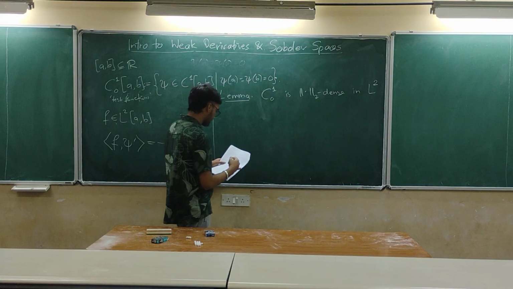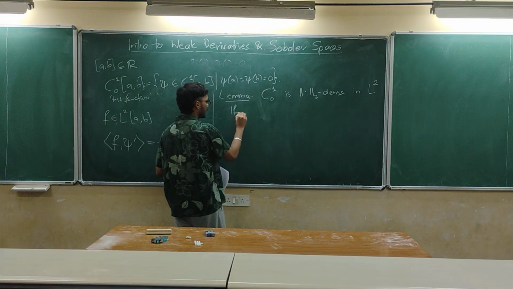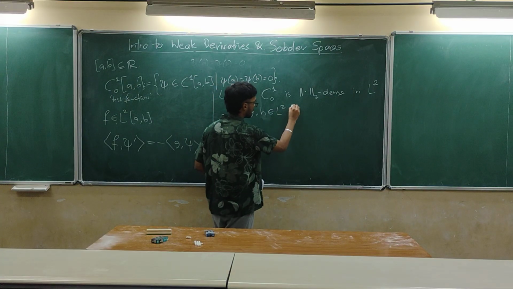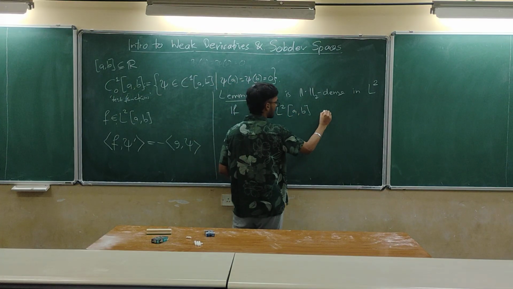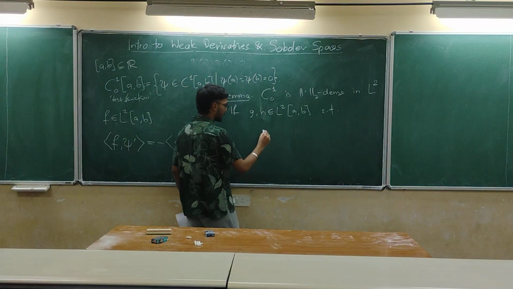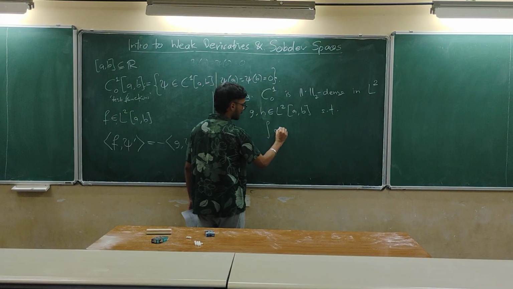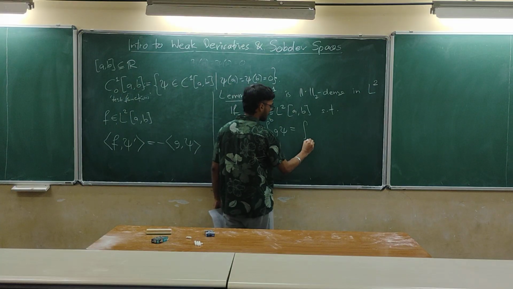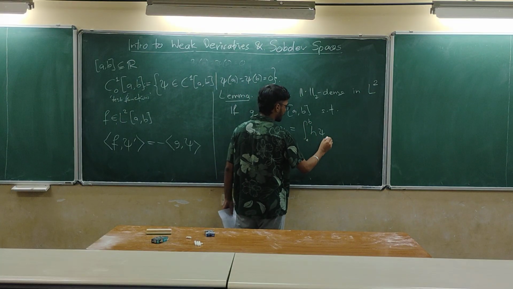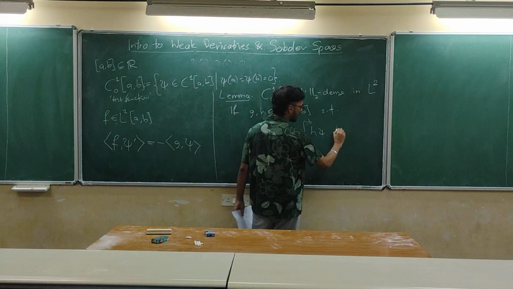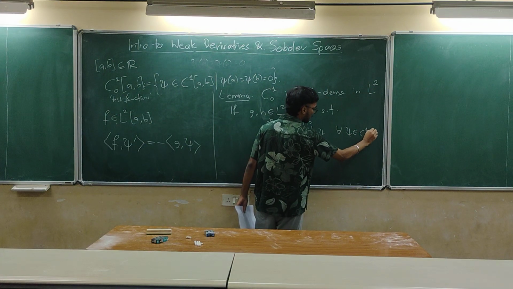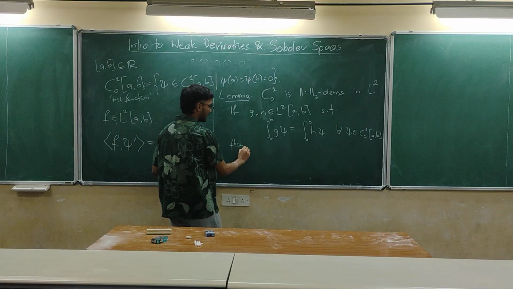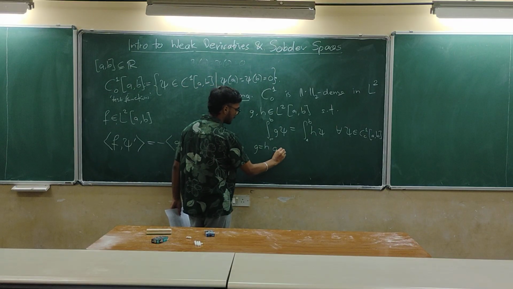And moreover, if g and h are two square integrable functions on a to b, such that the integral of g with this psi and the integral of h with psi are equal for all test functions, then g and h must be equal almost everywhere.